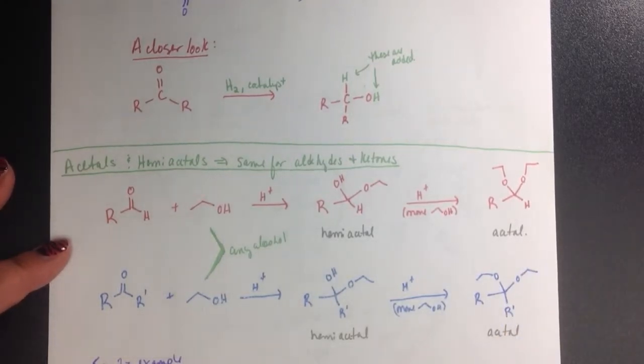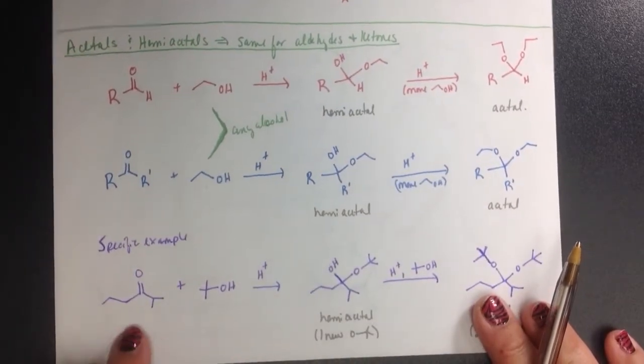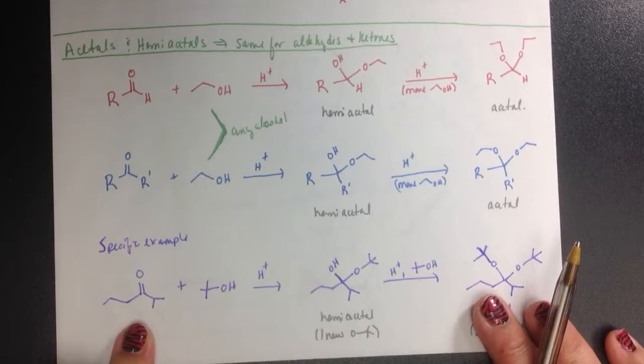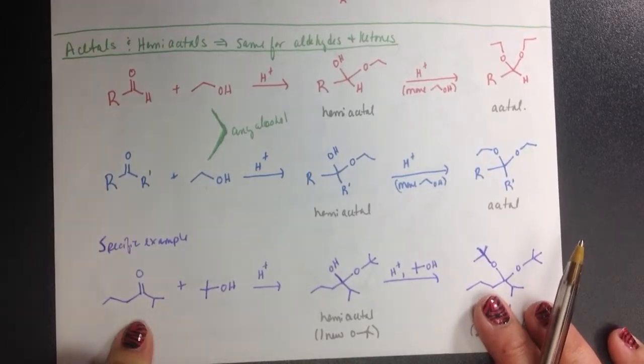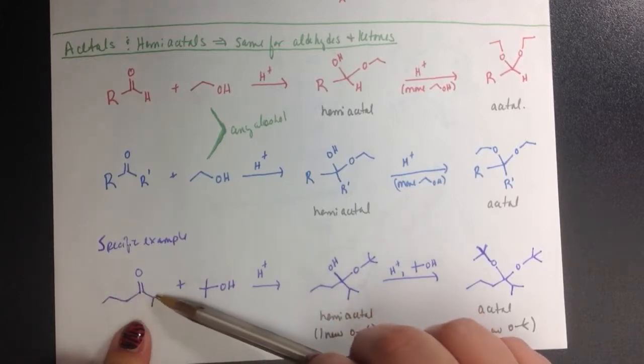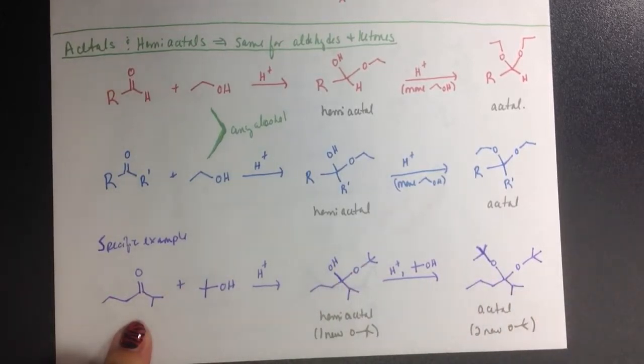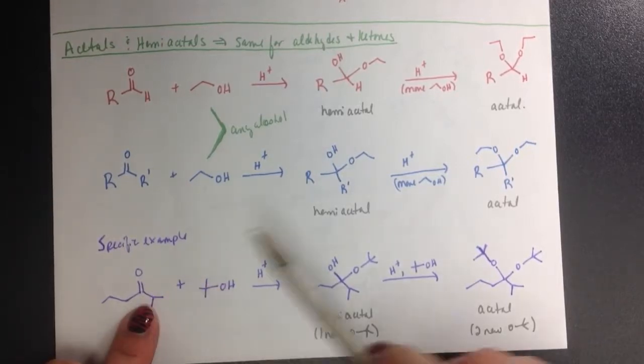Okay. So let me give you an exact example here. Let's say that we started with this guy. I'm going to use a different alcohol. I want you to notice that this chain stays the same here and here. Now this oxygen is going to come to that carbonyl.